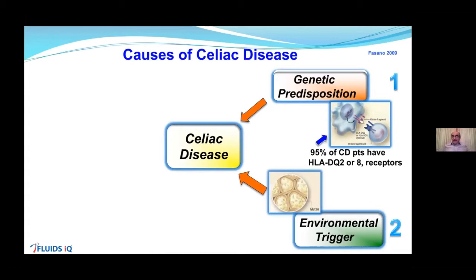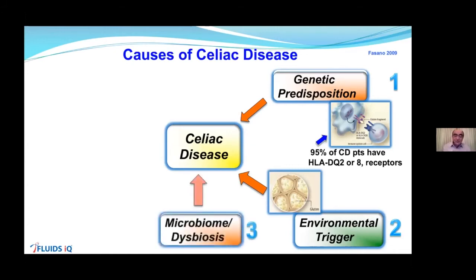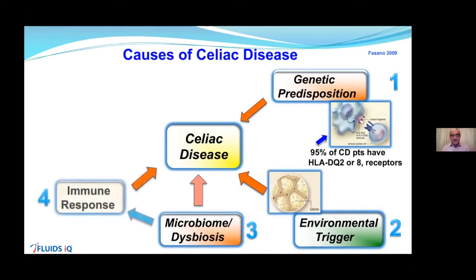And so that is the classic environmental trigger, which is the second part of that. That in turn causes a very robust microbiota response. And in fact, the microbiome becomes dysbiotic with all of the attendant problems. That causes an immune response which is outside the norms of what you would normally expect.